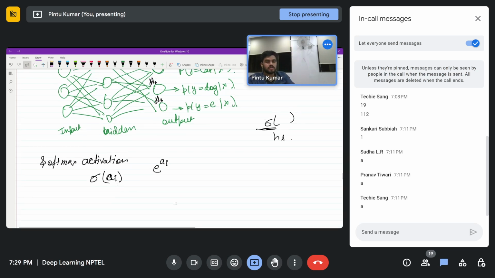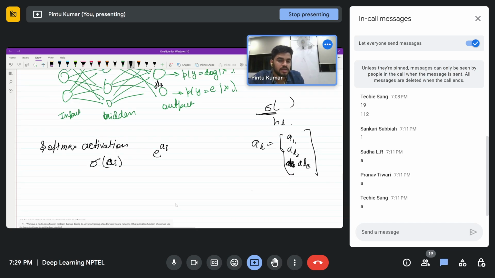So over here you can say that AL is your vector of AL1, AL2, AL3. Then sigma of AL would mean that this is just sigma of AL1, sigma of AL2, and sigma of AL3. This is what I mean when we say that it should act element wise.